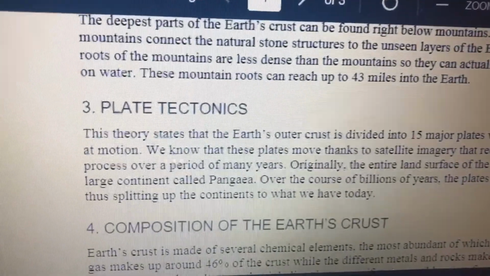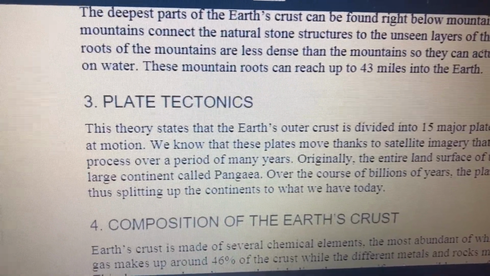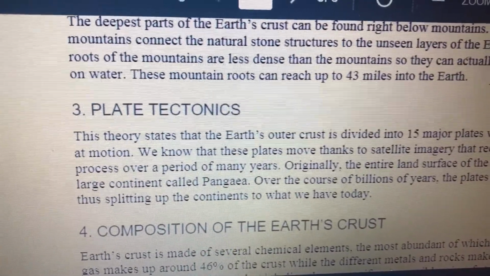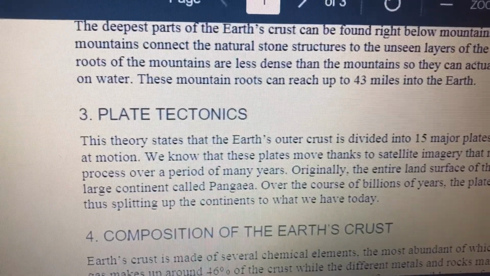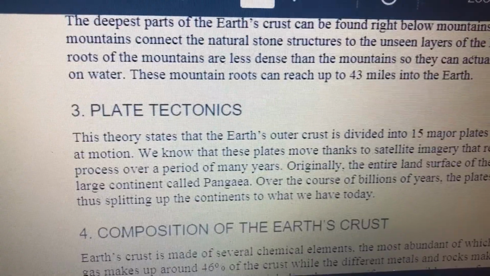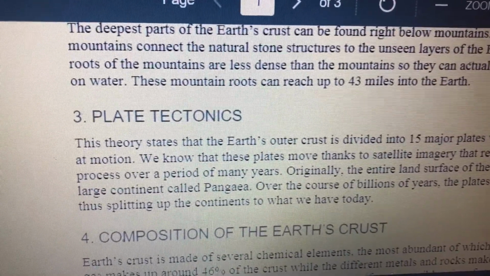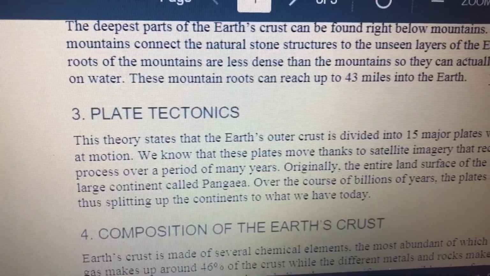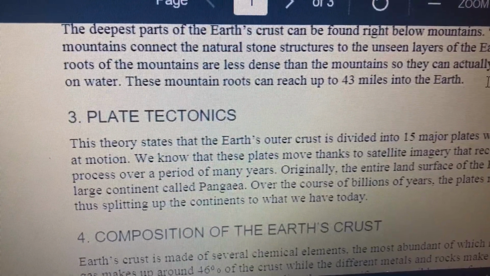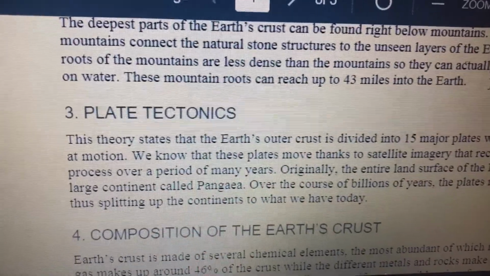And in the article, did you notice number 3 that said plate tectonics? Did you notice that? Well, actually, that's going to be next lesson, okay? But for today we can just write that the crust has individual plates.